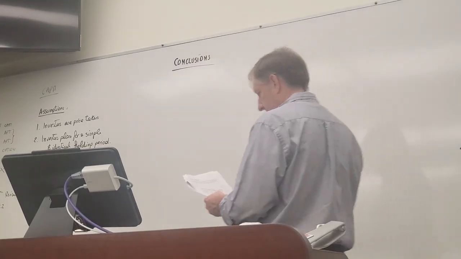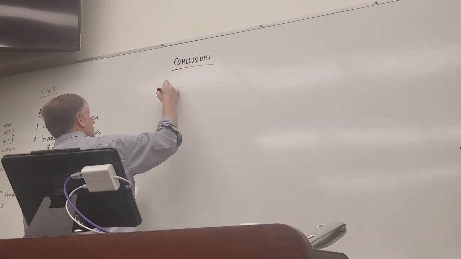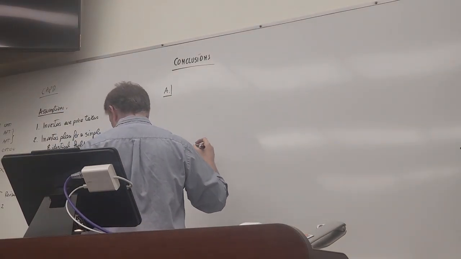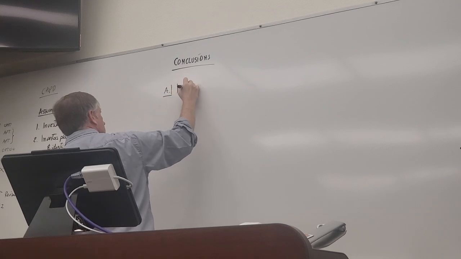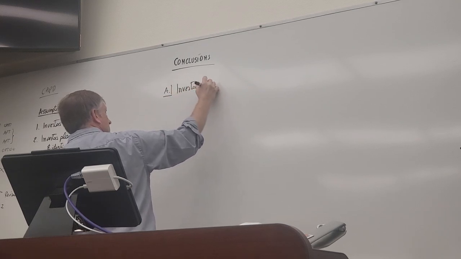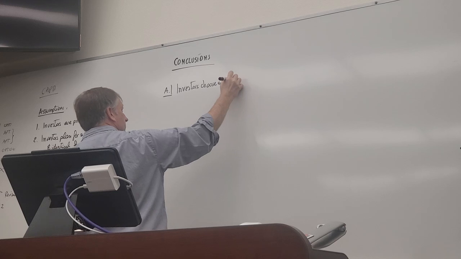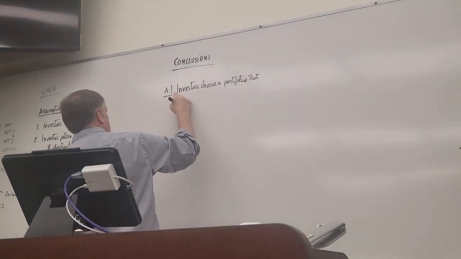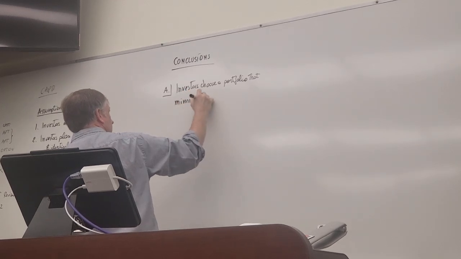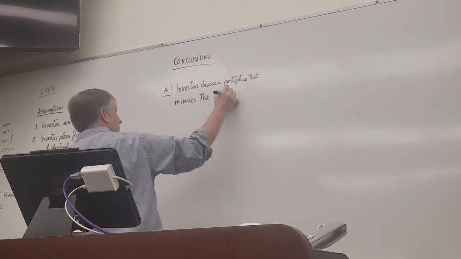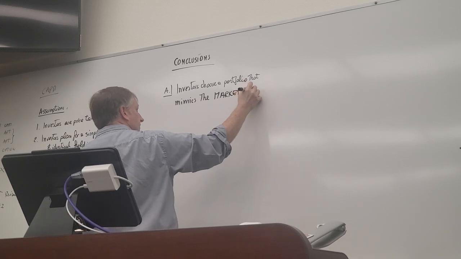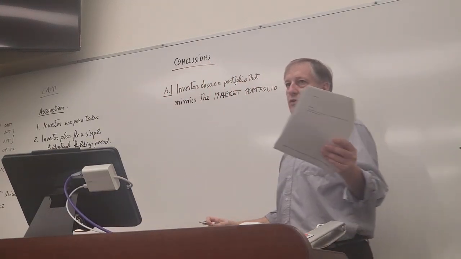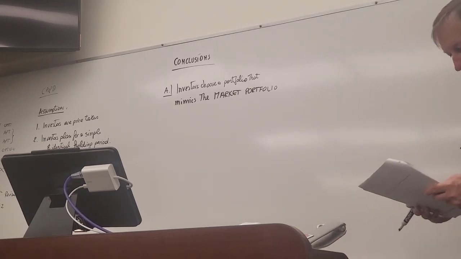So the first part, A. Investors choose a portfolio that mimics the market portfolio. I'm going to give you the conclusion, then I'm going to show you how we arrived at that in a minute.